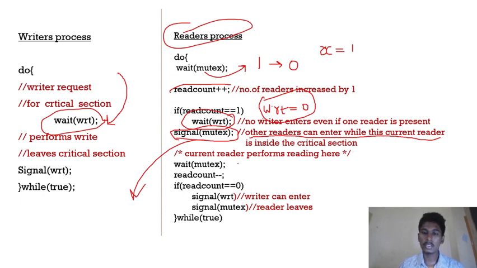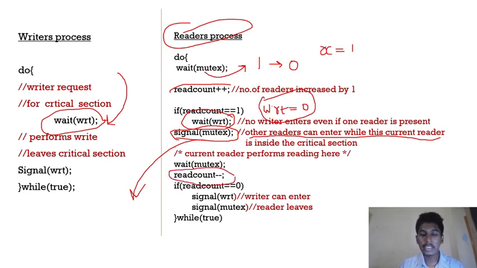After this, the current reader process will perform the critical section operations here. After this, the reader process should leave the critical section. For that, it needs to decrease its count.